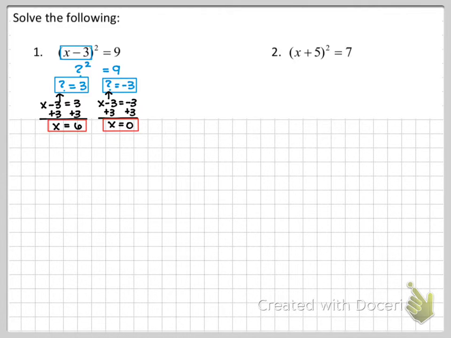I think the reason why we've been able to approach these problems this way is because the thing that it's equal to, this 9 or 4 or 0, they were all perfect squares. So square roots that we know off the top of our head. If it was 16, okay, it's 4 and -4. If it was 36, all right, it's 6 and -6. Those are all things that we're comfortable with or familiar with.